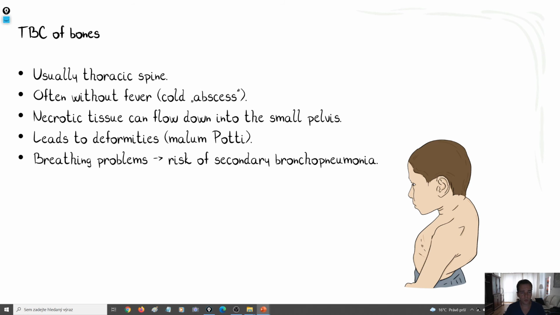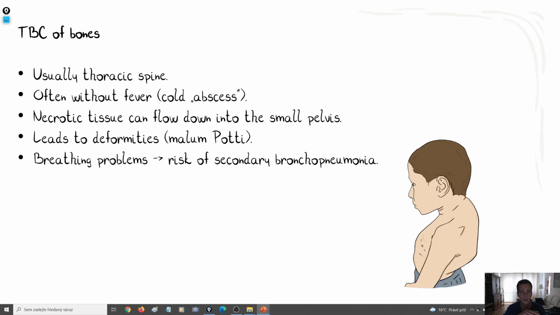That's why it used to be called cold abscess, but abscess in commas, because it's definitely not a true abscess, because abscess is purulent inflammation. So it's called cold abscess because there is no systemic sign of inflammation. There is no fever. And then necrotic tissue from the vertebrae could flow down into the small pelvis behind the psoas muscle.